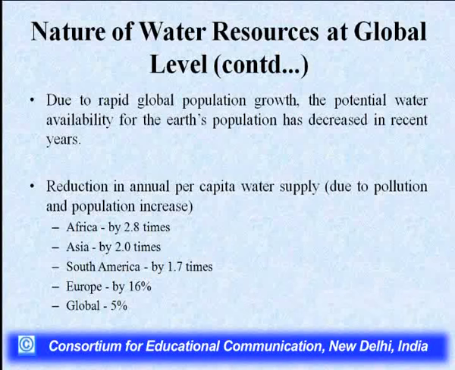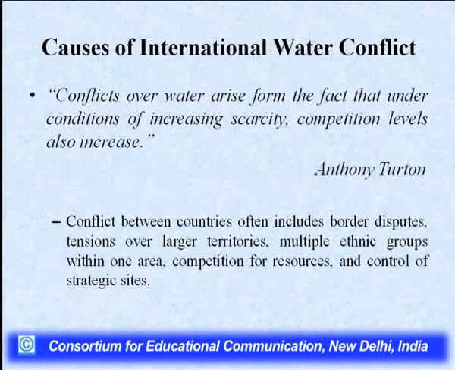In fact, we can see the statistics in African regions. The reduction in annual per capita water supply is 2.8 times. In Asia, the reduction rate is 2 times. In South America, it is 1.7 times. And in Europe, it is 16%. Globally, the reduction in per capita water availability is 5%.